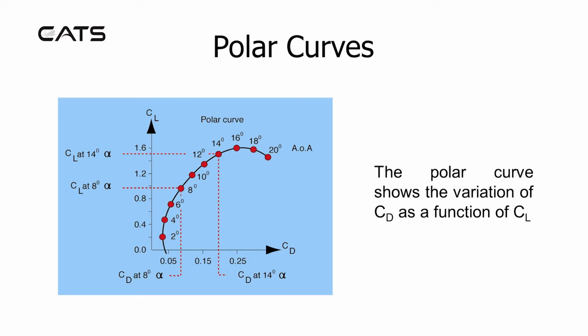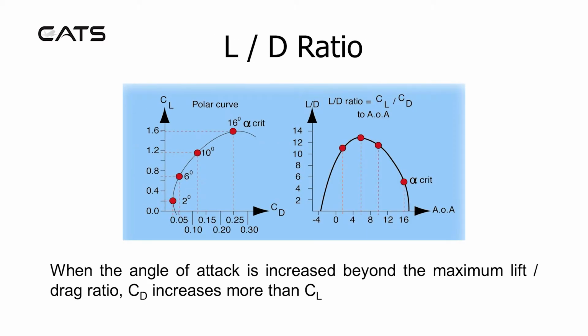Polar curves. This is a graph of CL versus CD, but there's also a third variable added, which is angle of attack. The polar curve shows the variation of CD as a function of CL. When the angle of attack is increased beyond the maximum lift-drag ratio, CD increases more than CL.